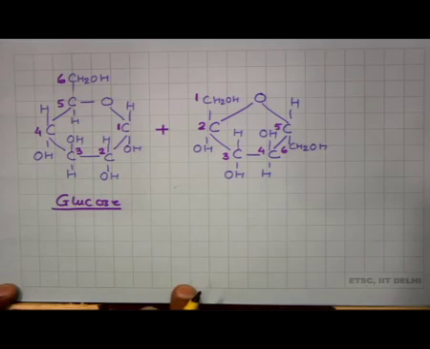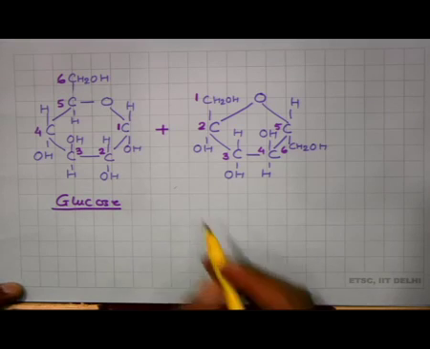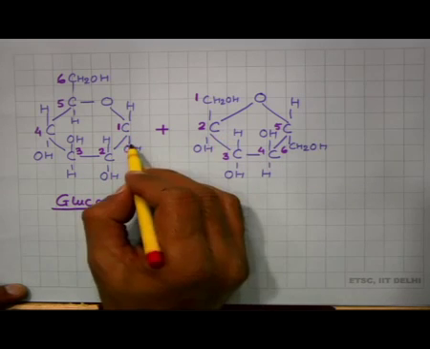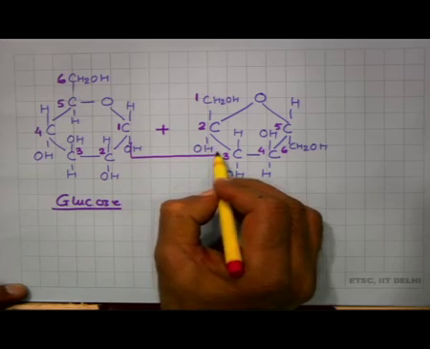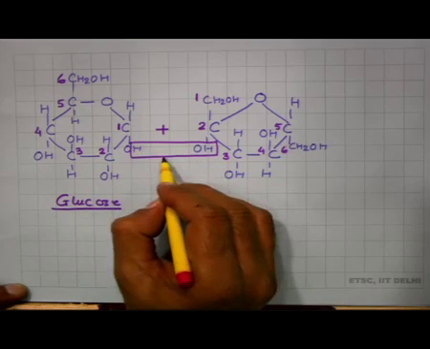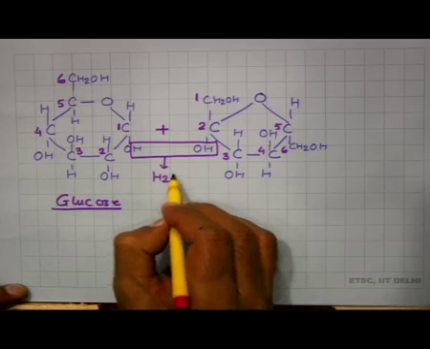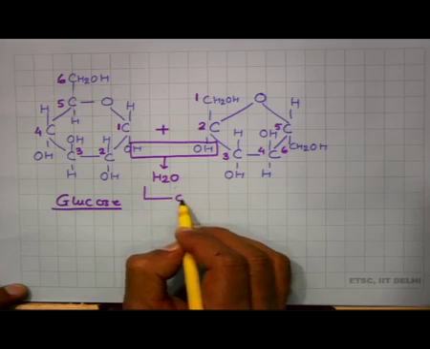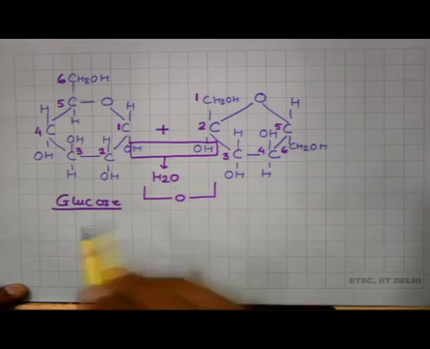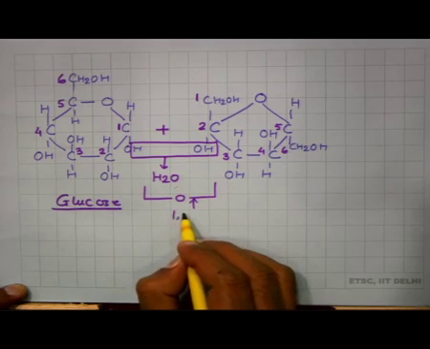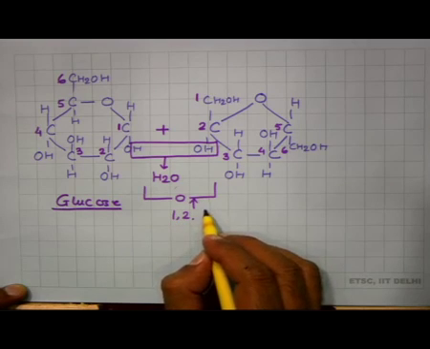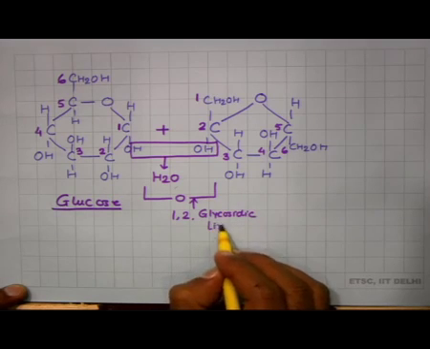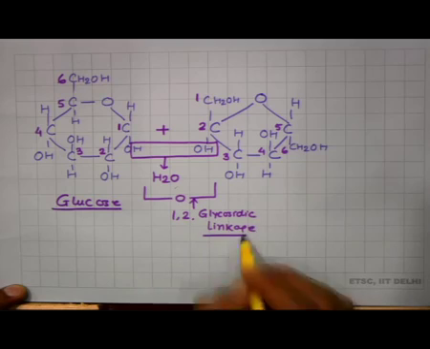At the time of formation of sucrose, the first and second carbons combine and a water molecule is released here in this form. Now, the structure will be of this type. This one is called 1,2 glycosidic linkage.